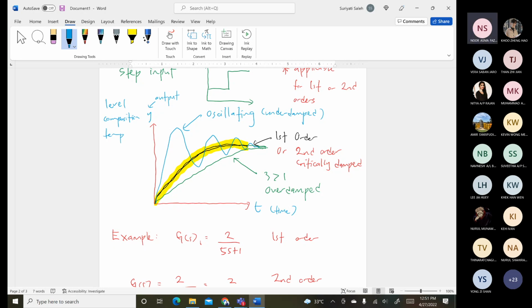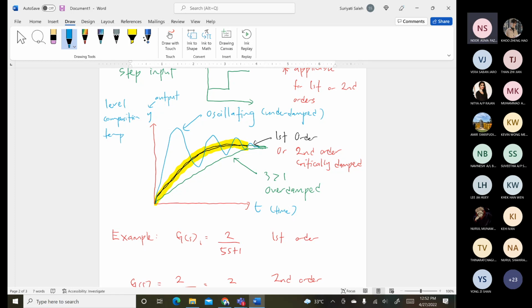If we take a look, this is a long journey. You have the process, you do the derivation, you do the Laplace, and then you obtain the transfer function. Then you classify first order, second order. If first order, you proceed with the inverse Laplace. If the question gives you multiple tanks, then in the end you will get second order.